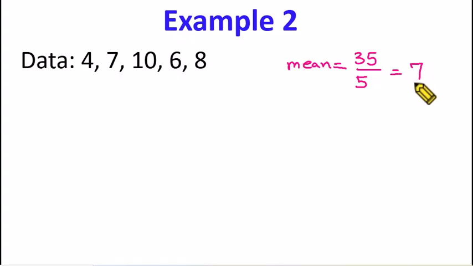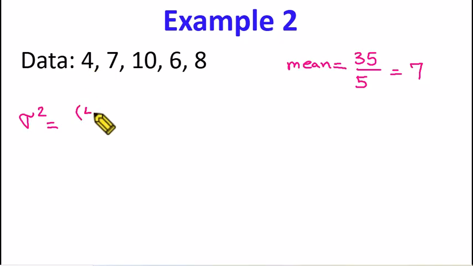Now, to find the standard deviation, we need to find the squared deviations, or the squared differences between each of these numbers and the mean. So we're going to start with the first number.